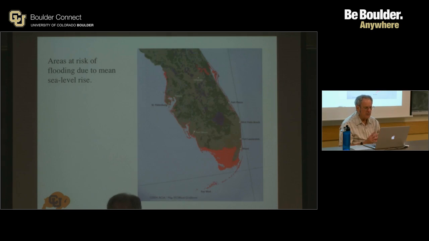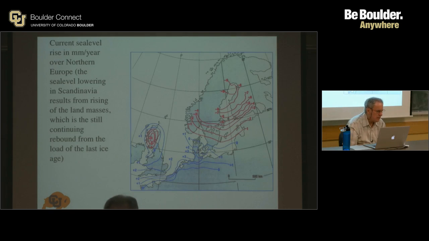And these are the kinds of things that Gore showed in his movie, the places that would be wiped out with a moderate sea level rise. He showed the Manhattan one where most of Manhattan's flooded. And here the Keys are all gone and Miami Beach is wiped out. So there are other things that cause sea level rise.